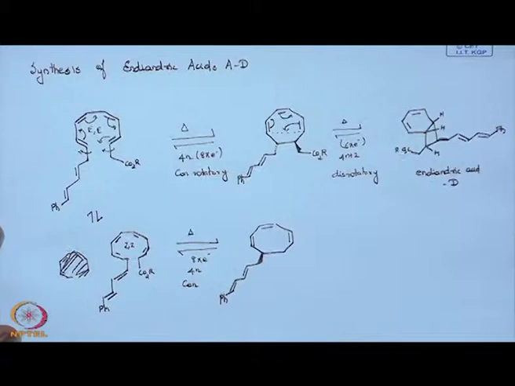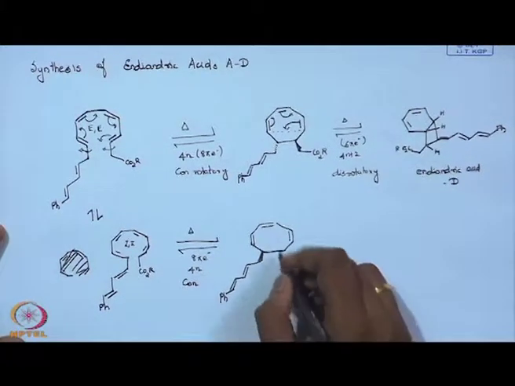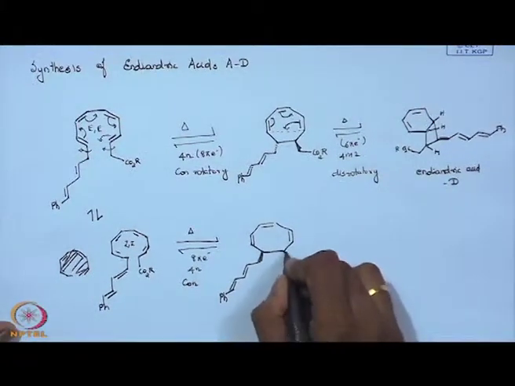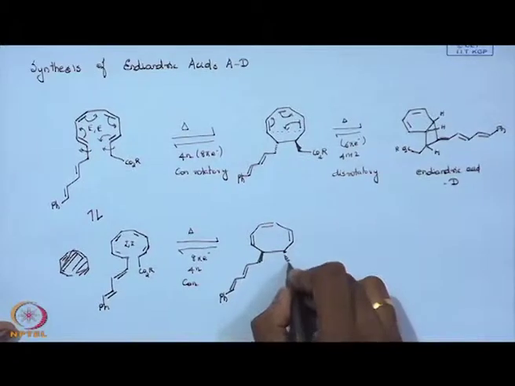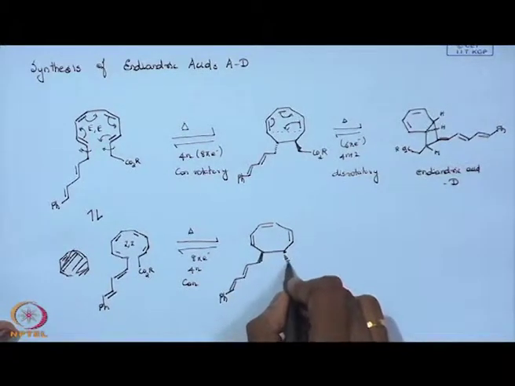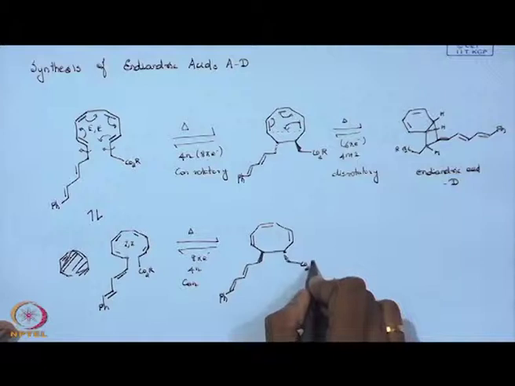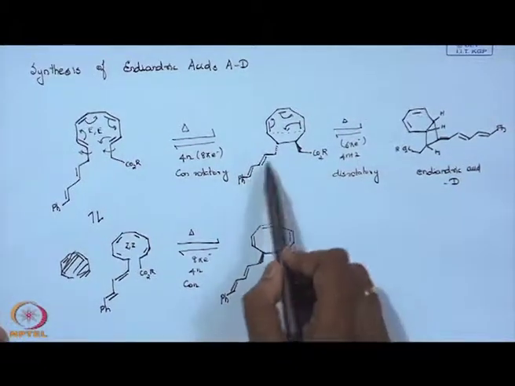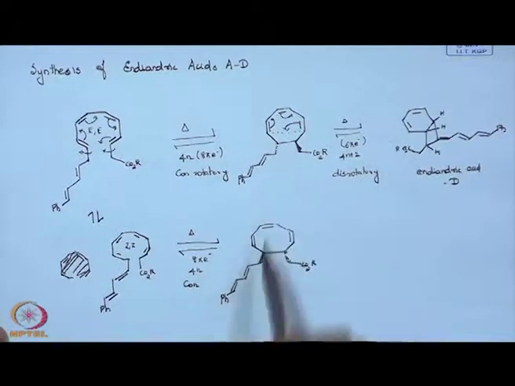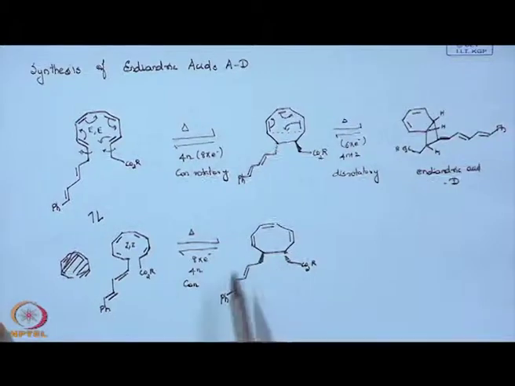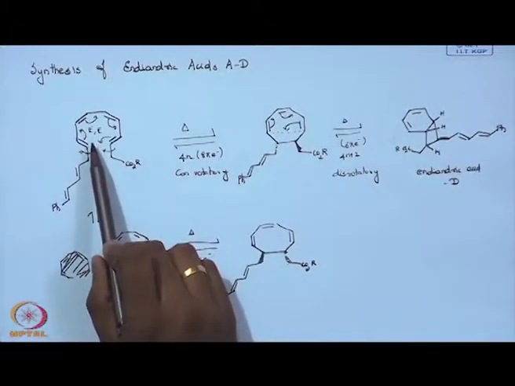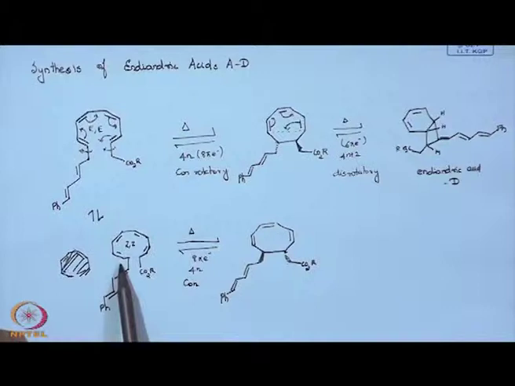So, you have phenyl here, okay. Just see the stereochemistry, then you will know you have just got the opposite one, CO2R. Just check this part, they are just opposite. So, here I have taken the EE, so it can exist like this as ZZ. Okay.